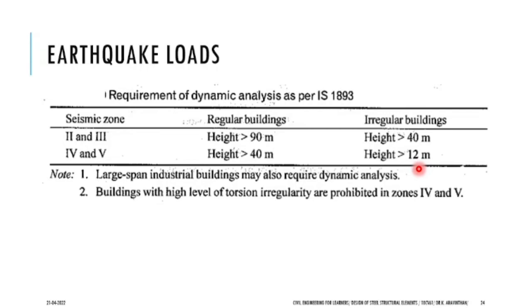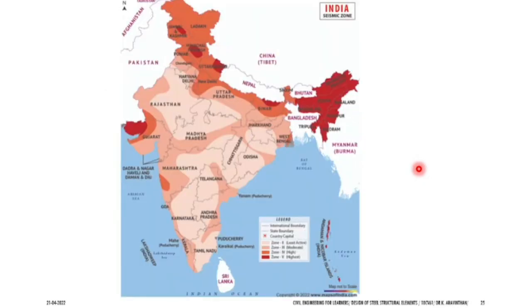If you are building your house at Gujarat, if it is more than 3-story and it is irregular, definitely you have to refer which code book? IS 1893. Without this code book, you cannot start your design, or else the corporation will not give the approval.